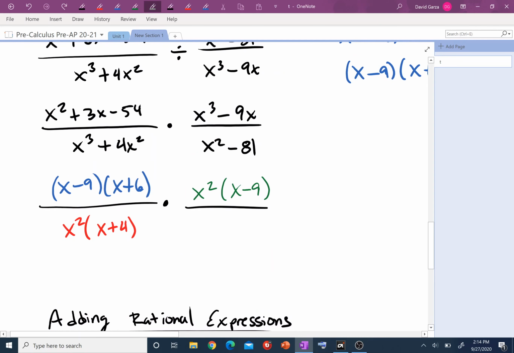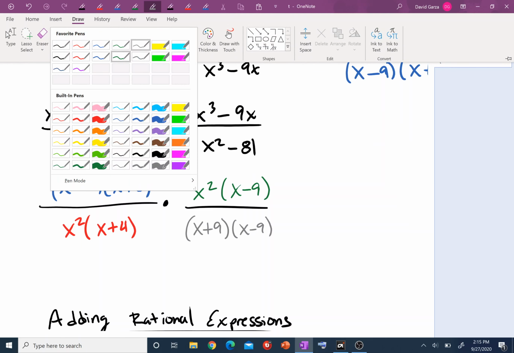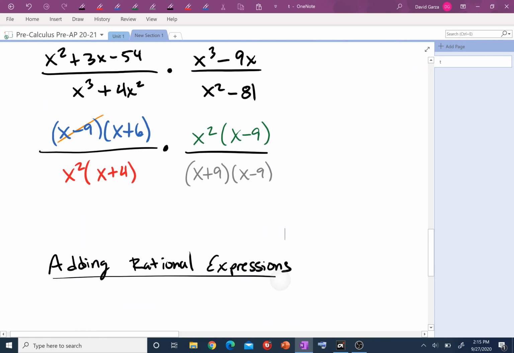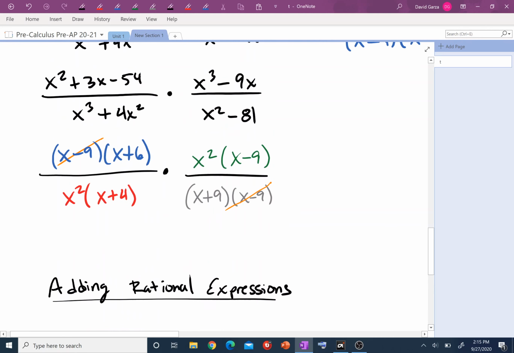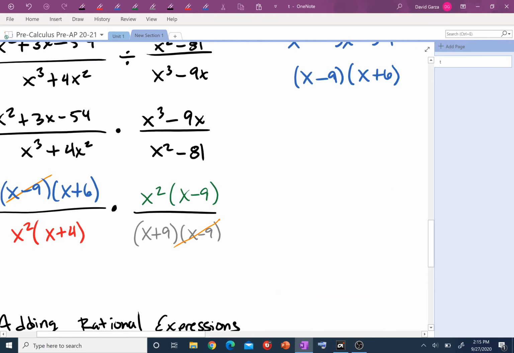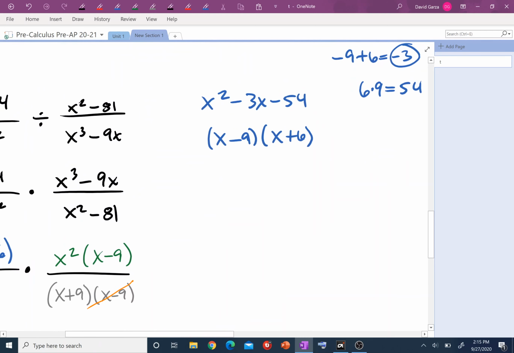So I have x plus 9 and x minus 9. Alright, so finally, we can cross out things that we have in common. I have an x minus 9 over here and an x minus 9 here, so cross those out. Then I have x plus 6. I think I wrote that as minus here, right?